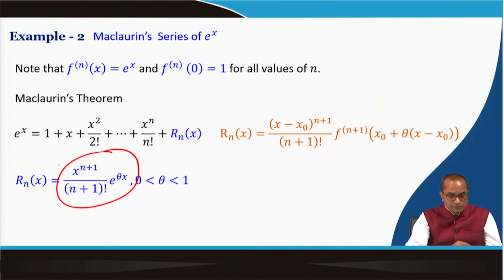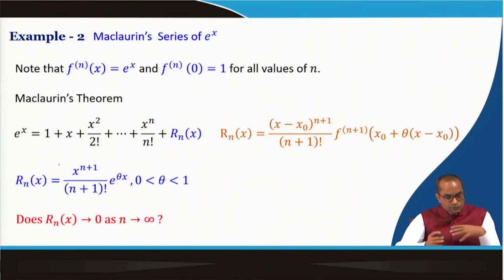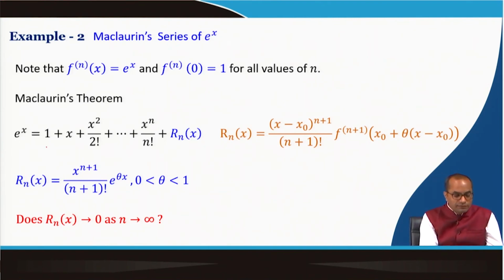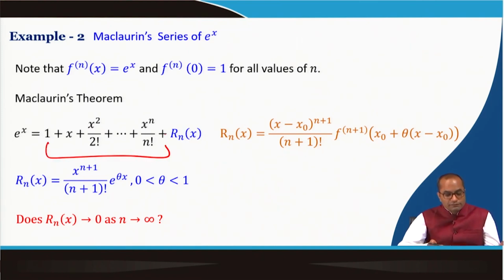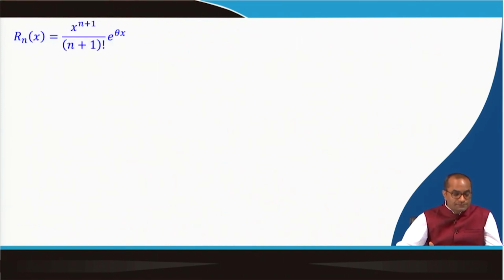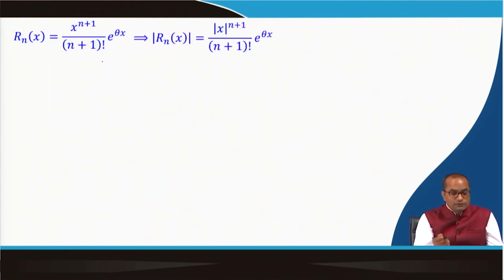So this is the remainder term here, and now we will show that this remainder term goes to 0 as n goes to infinity for this case, and then we can write down this exponential function in the form of a series. So this R_n(x) with this remainder formula, we will show that it goes to 0.